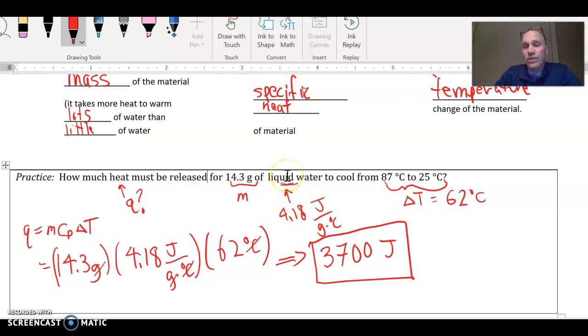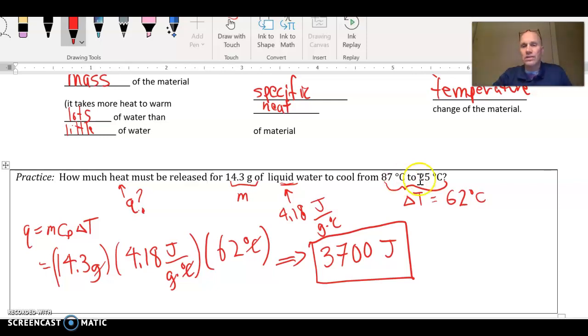In this problem, we use the term liquid water, but you should be able to figure it out even if it didn't say liquid water. If water is at 87 and going to 25, and we're not just talking about regular water in a room, it doesn't say anything about the pressure, which we'll talk about why that matters. If you remember the phase diagrams, the boiling point of water depends on pressure.